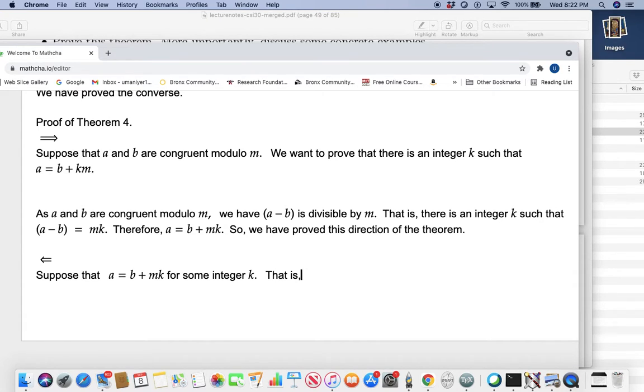That is, a minus b equals mk. What does that mean? That is, m divides a minus b. Hence, a and b are congruent modulo m.